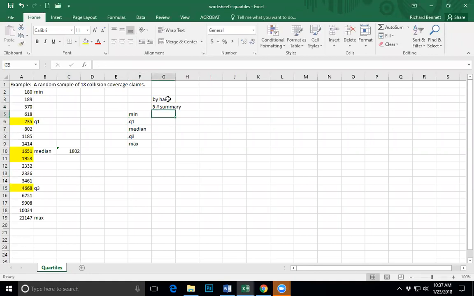So your minimum's 180, 735, 1802, 4668, and 21147. Okay, now let's do this by the computer.